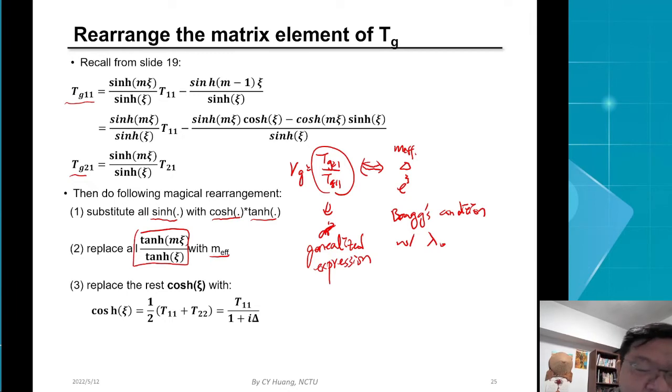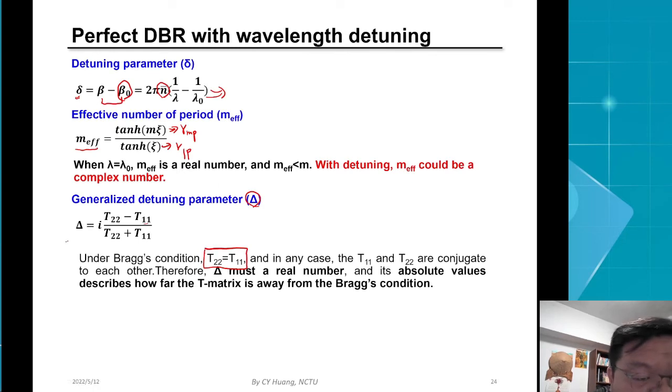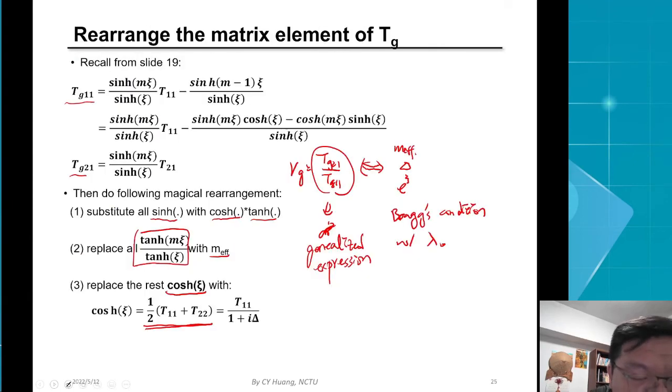Then finally, we replace the rest of the hypercosine, which is 1 over 2 T11 and T22. And if you compare this term with the definition of the generalized detuning parameter, you will see it should be T11 divided by 1 plus i delta, where the large delta is the generalized detuning parameter.